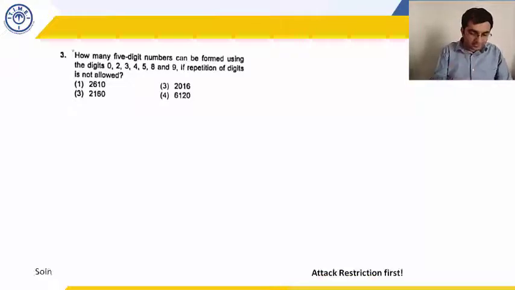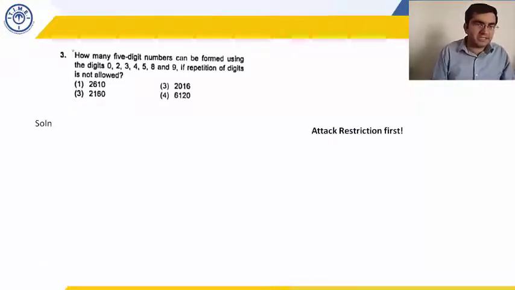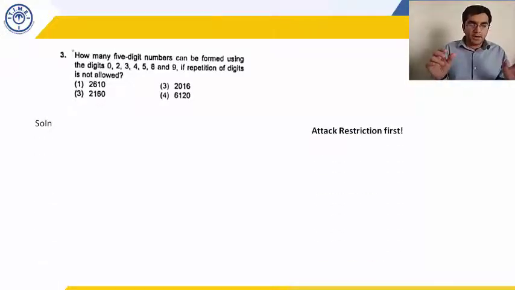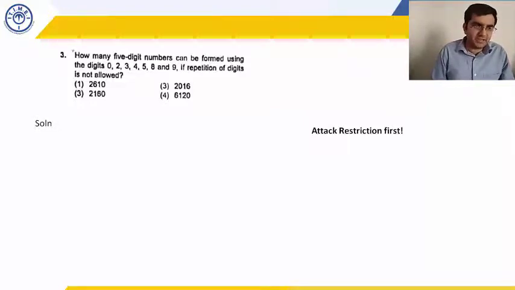Okay, let's solve. I want to send a message first. Always attack restriction first. Where is your restriction in a 5-digit number? The restriction is on the first digit, the most significant digit, because you cannot use 0 over there.